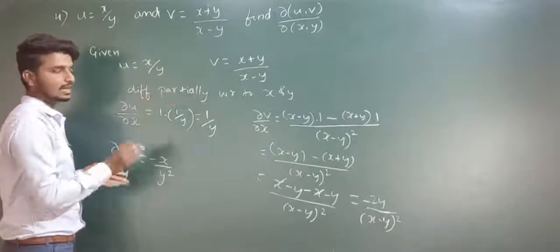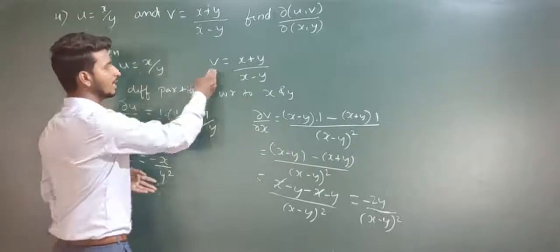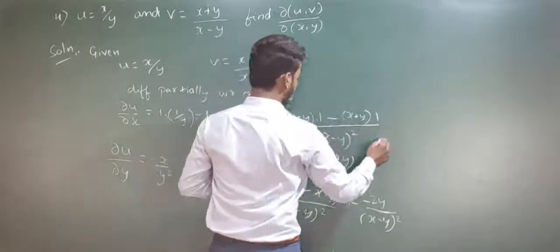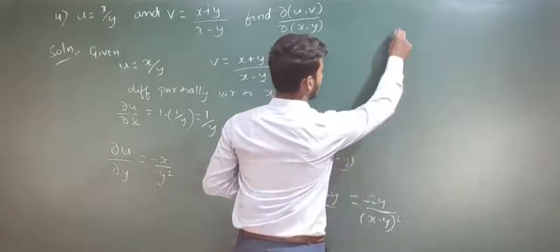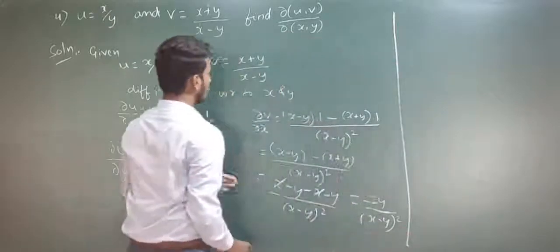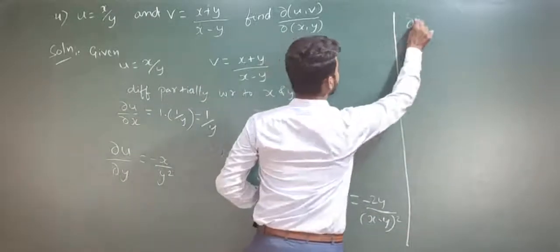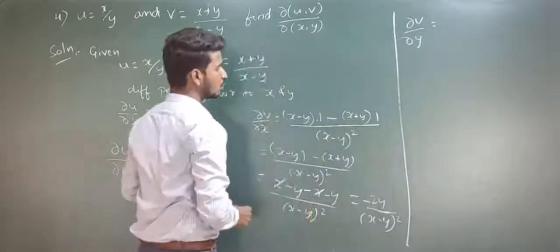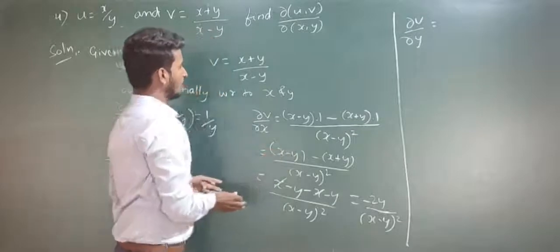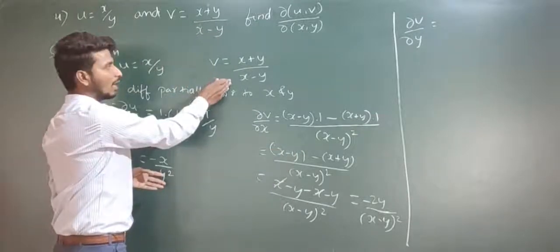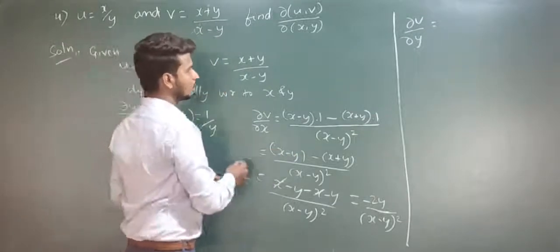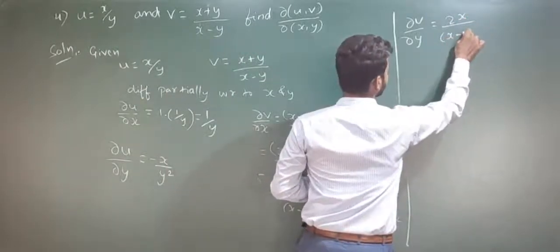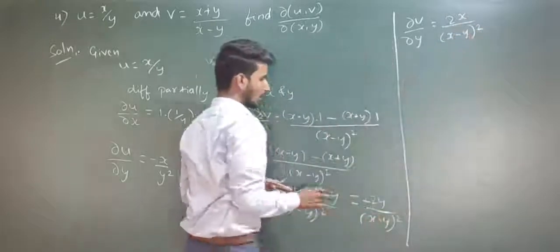Similarly we can take this in the u by v form, then dou v by dou y will be 2x divided by x minus y whole square.